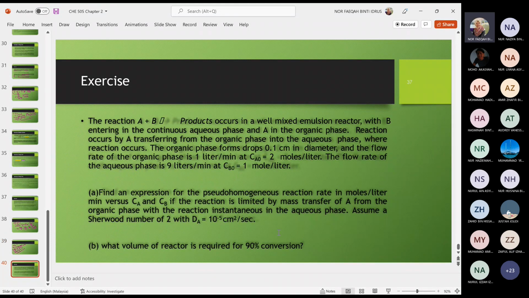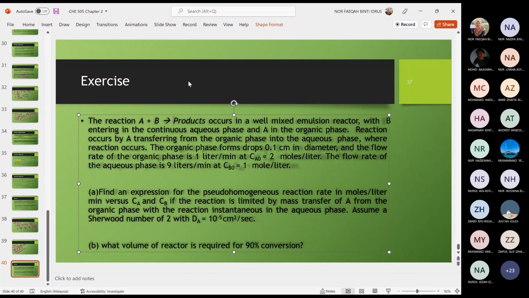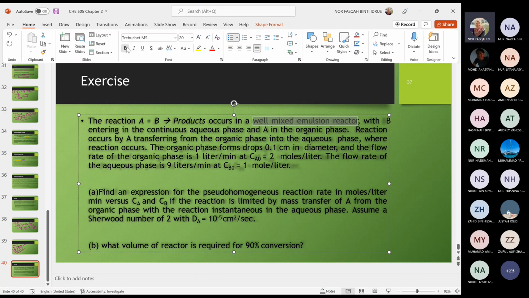Lagi satu soalan yang lebih kurang sama. The beza dia mana? A plus B equal to product. Okay. So yang ni pula hint dia well mixed. So kalau well mixed emulsion reactor.